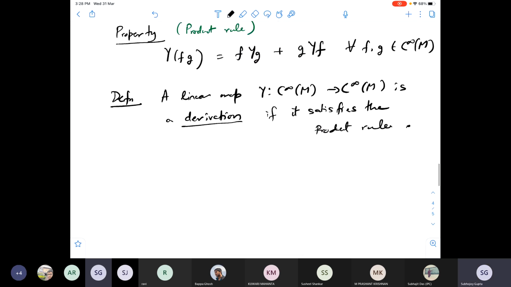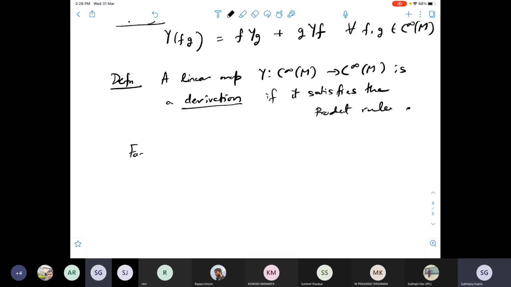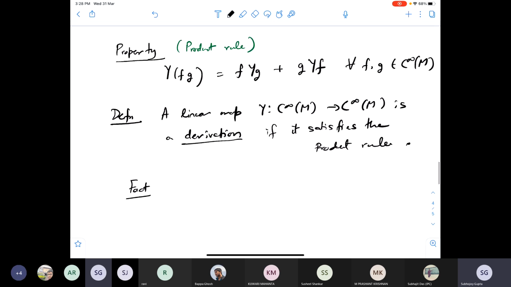I leave it to you to check; it's very similar to how we did things for derivations at points.